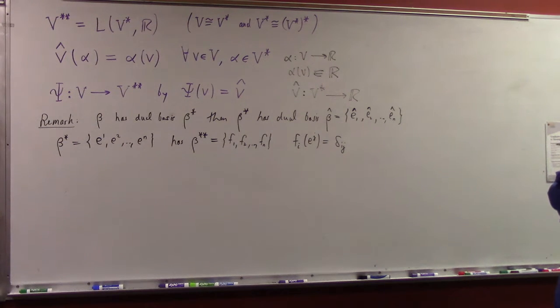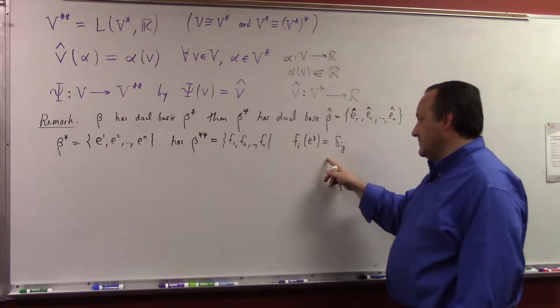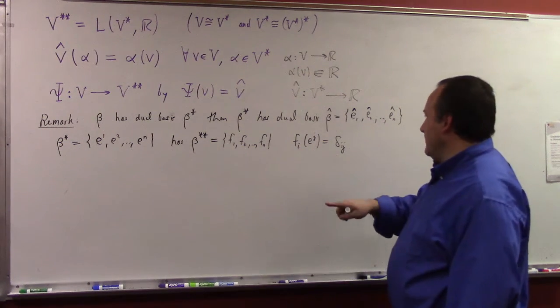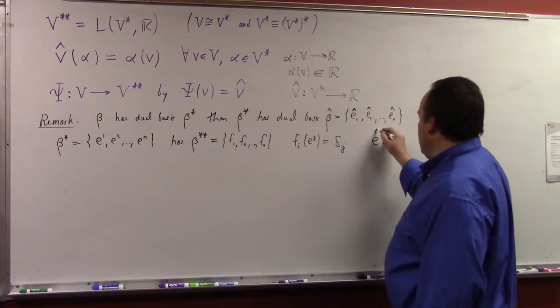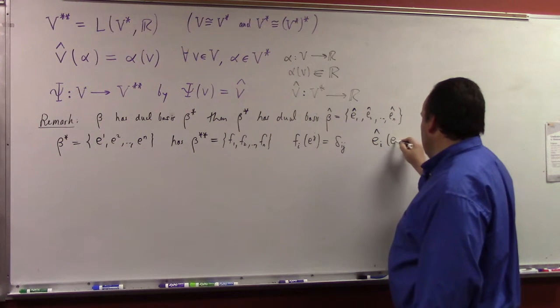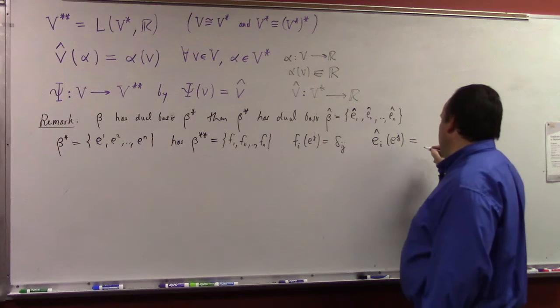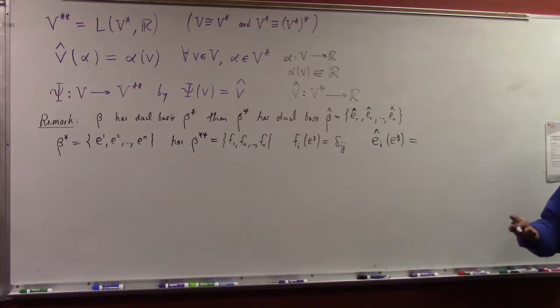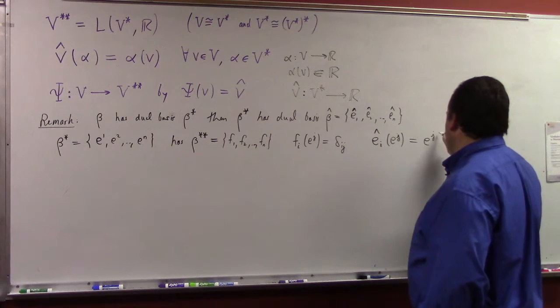All right, so anyway, there's that. But on the other hand, this has a definition, right? Like E hat sub i, when it acts on ej, or E upper j, how does that work? We define the canonical isomorphism to be what? Ej acts on what?